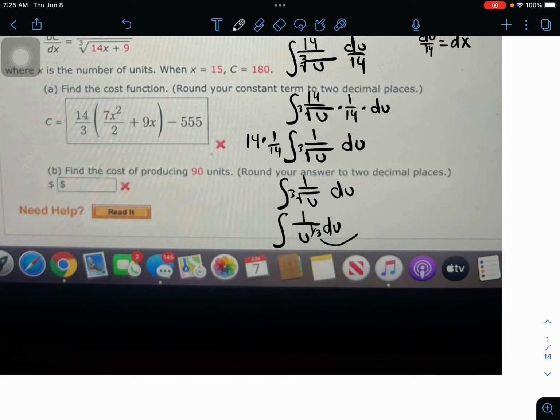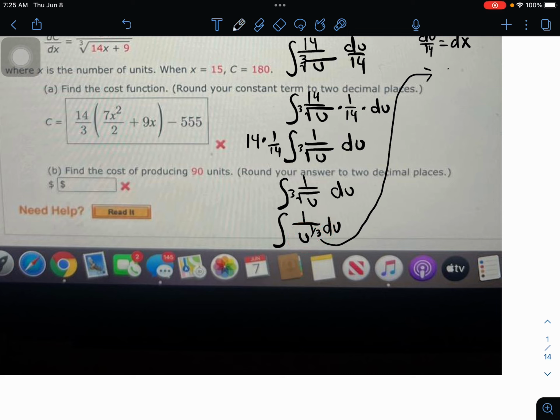Now I'm going to go over here. I'm going to start doing the rest of it over here. If I have an exponent on the bottom, you see how I have a 1/3 on the bottom? I can actually bring this whole term to the top of the fraction. But I have to make a change when I do that. So that's what I'm going to do. I'm going to take this whole term and I'm going to bring it to the top of my fraction.